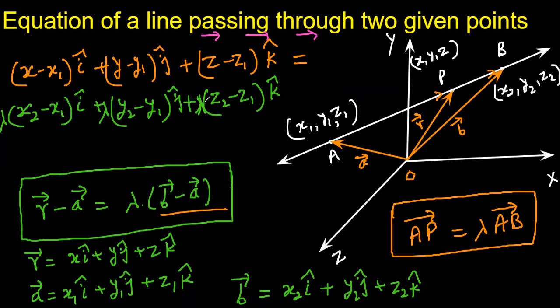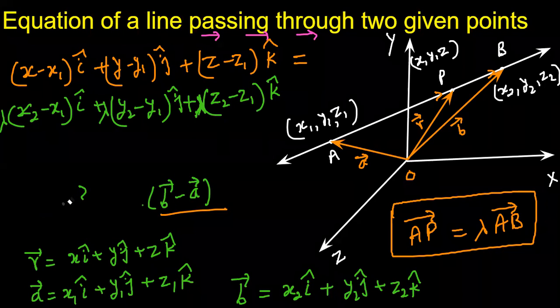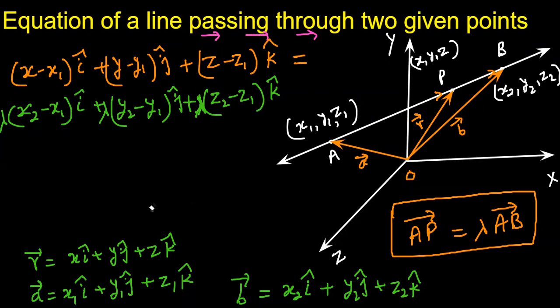If you equate the coefficients of i, j, and k, your Cartesian form can be written now. You can find the value of lambda from all three equations. You get x minus x1 equal to lambda times x2 minus x1.